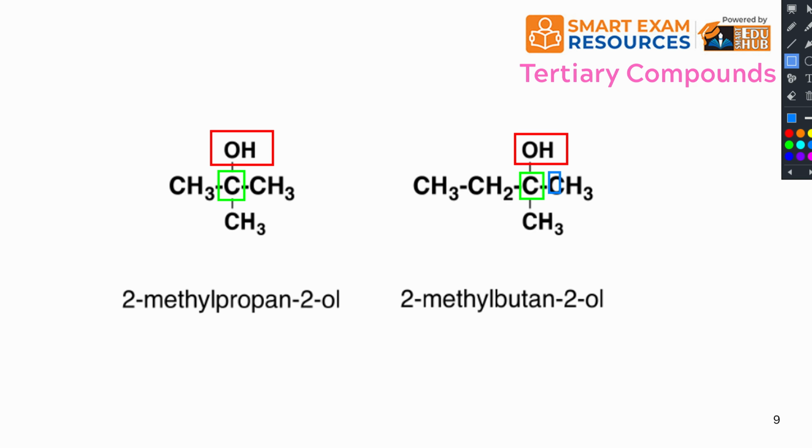So this is bonded to one carbon to the left, one carbon to the right, and one carbon below. Similarly, one carbon to the left, one carbon to the right, and one carbon below. So there is no bonding of the carbon atom in green with any hydrogen atom.